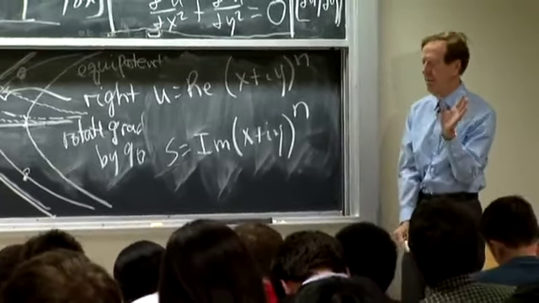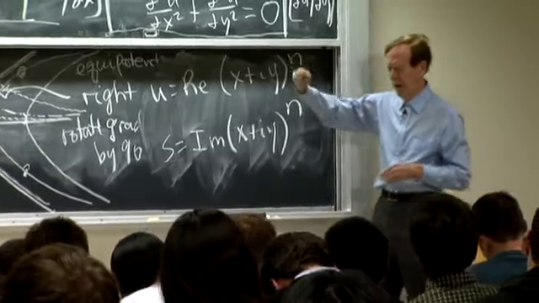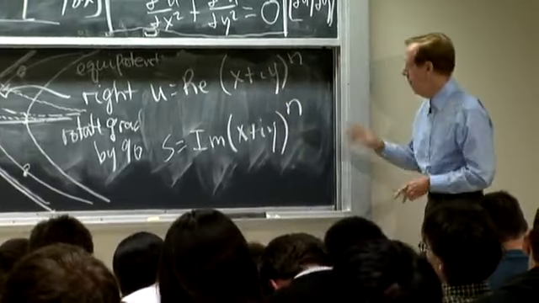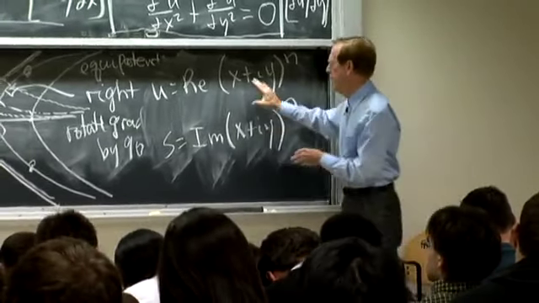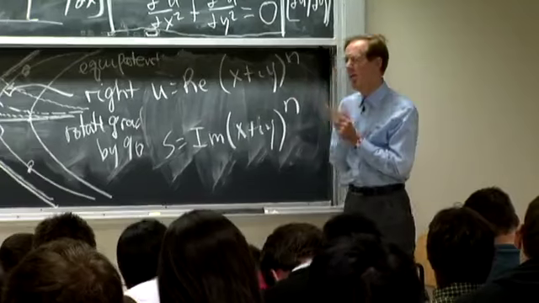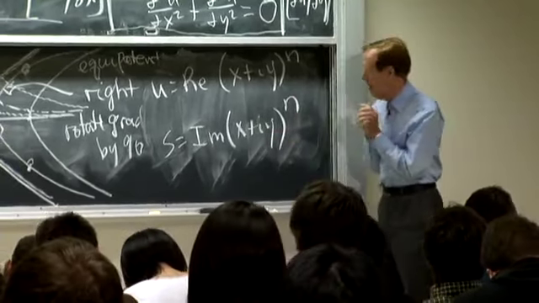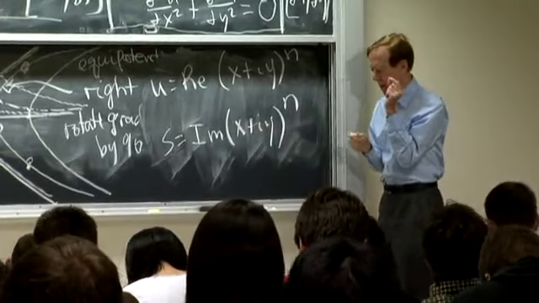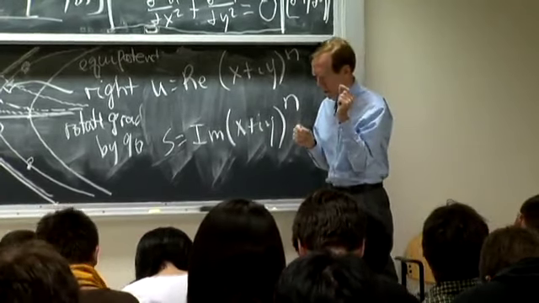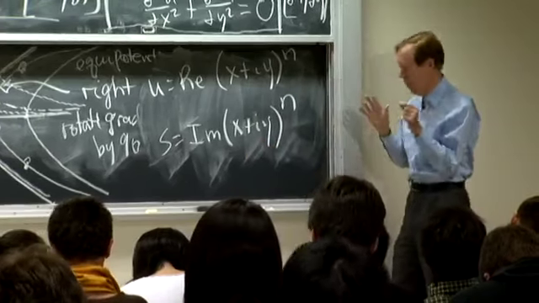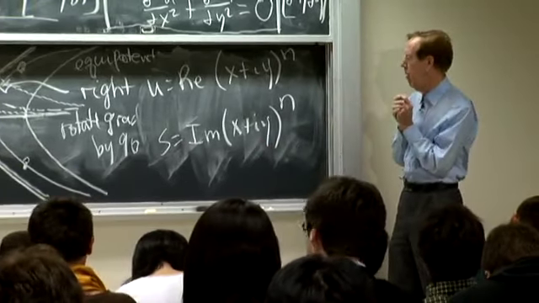And I claim that just as we saw for n equal 1, 2, 3, for every n, these will be solutions to Laplace's equation. Not only that, they'll be connected by Cauchy-Riemann, so they'll be the potential and the stream function for a flow.